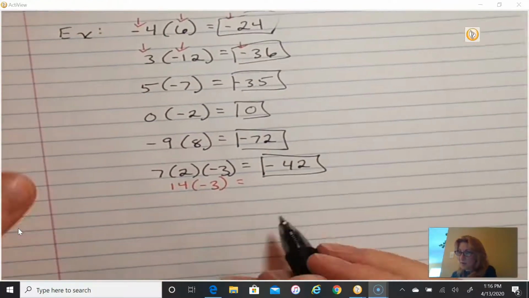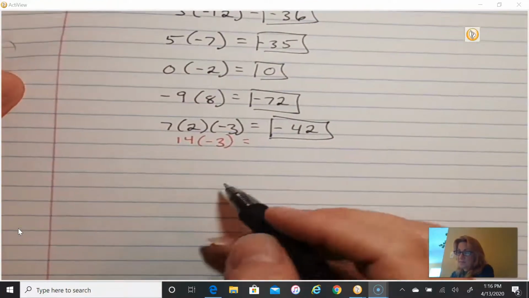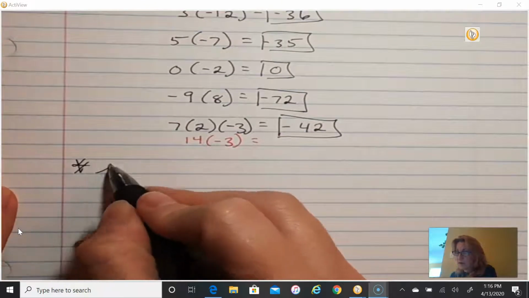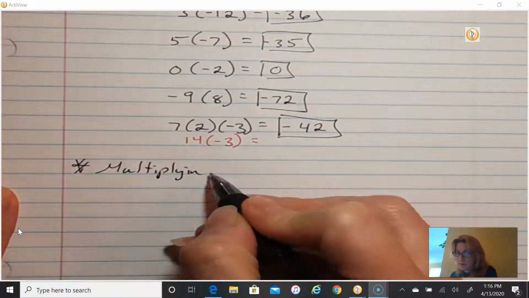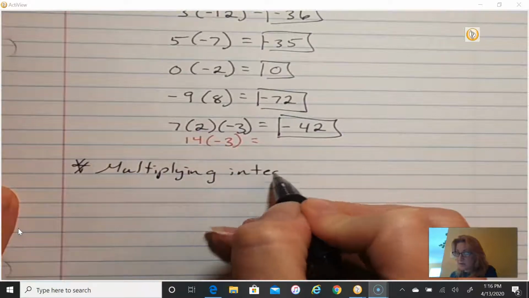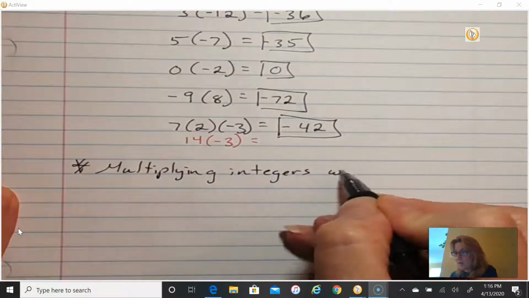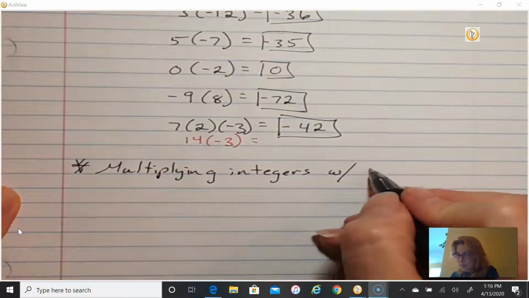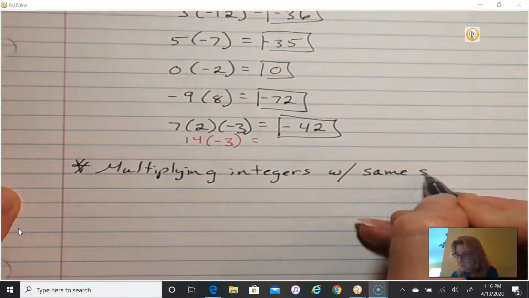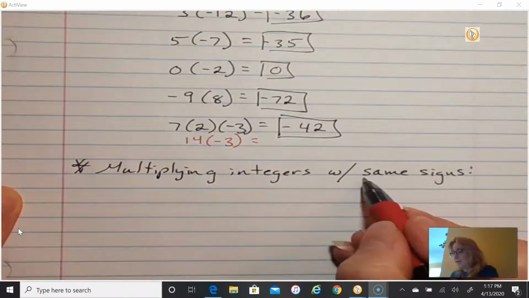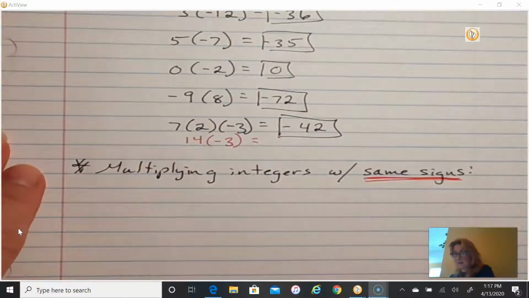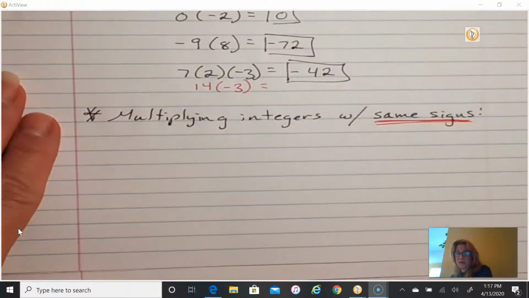But what if you're multiplying integers with the same sign? Okay, so what if it's the same signs? All right, here's where it's interesting.